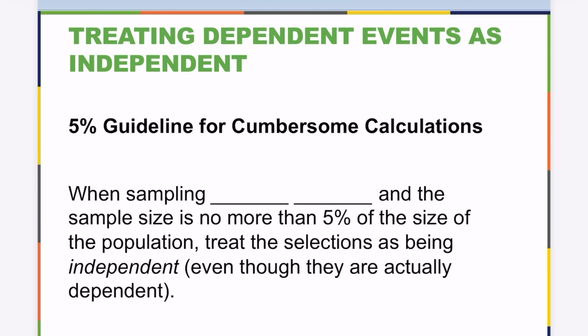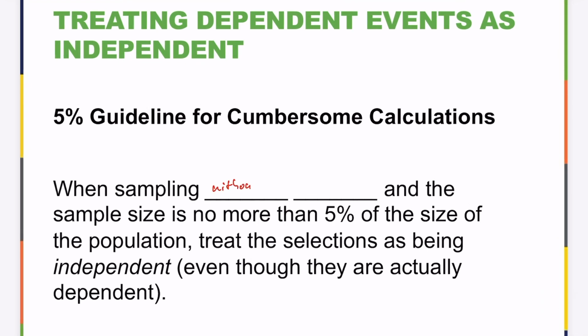Okay, now we talked about the cumbersome calculation guideline when things are strictly speaking dependent, but they could be considered independent, and we're going to use that when sampling without replacement. When sampling without replacement and the sample size is no more than 5% of the size of the population, so that means that if you multiply the sample size by 20, since 1 in 20 is 5%, and if the sample size times 20 is bigger than your population, then you can't use this.